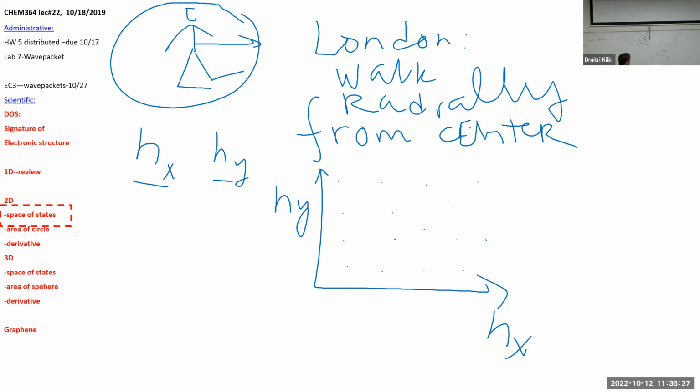Exactly what Melody was trying to say. There are quantum states associated with the X dimension and with the Y direction. So energy will be the energy associated with X plus the energy associated with Y. For X, we have h bar squared nx squared pi squared over 2m Lx squared. And for Y, we will do the same, with ny squared pi squared over Ly squared.